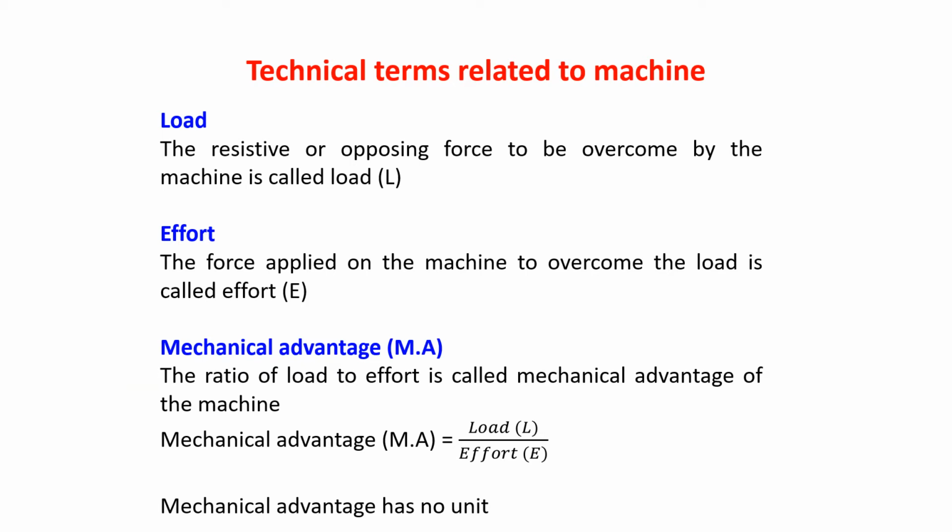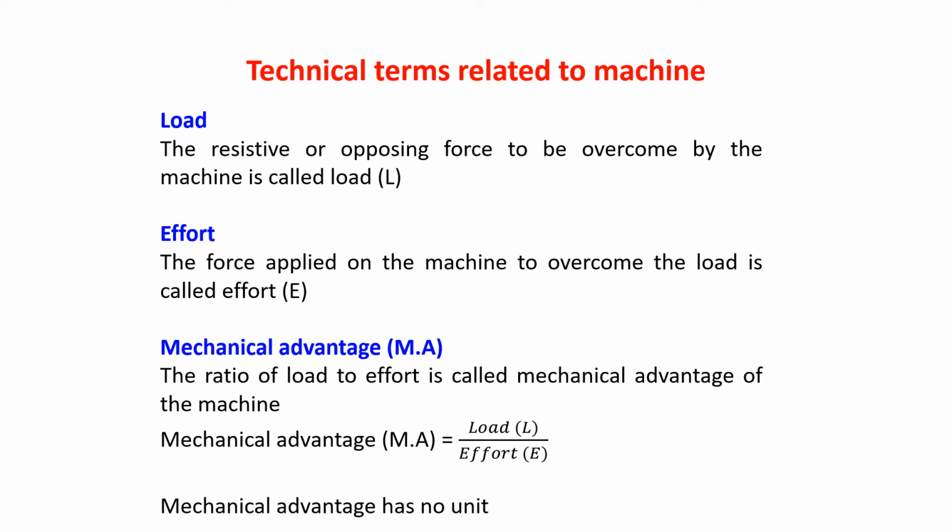Now technical terms related to a machine. Load. What is load? The resistive or opposing force to be overcome by the machine is called load. With the machine, we are doing the work.